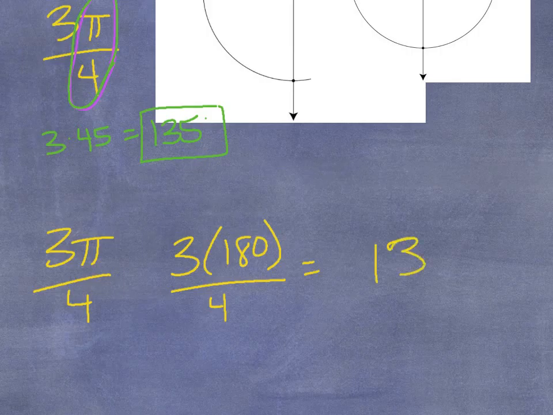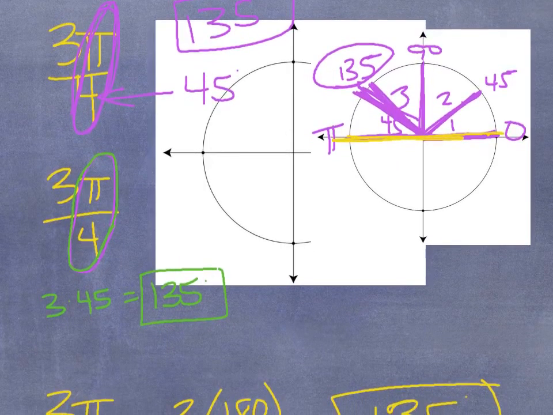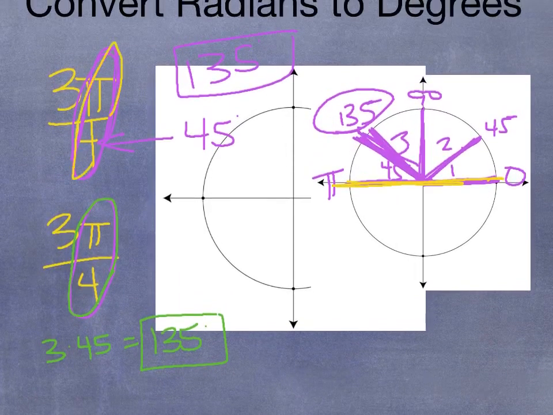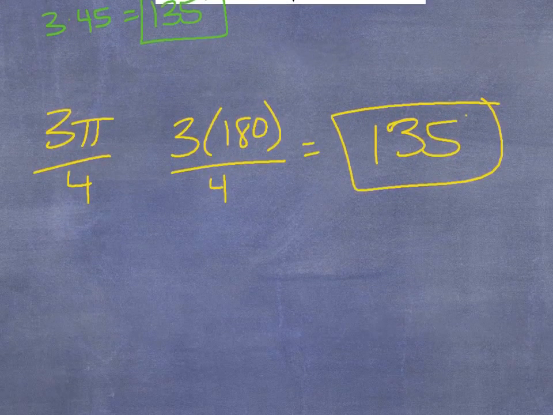It is 135 degrees. So converting radians to degrees, you can either identify the part, like is it 1/4, 1/3, or 1/6, and how many of those do you have, or just substitute 180 in for your pi value.